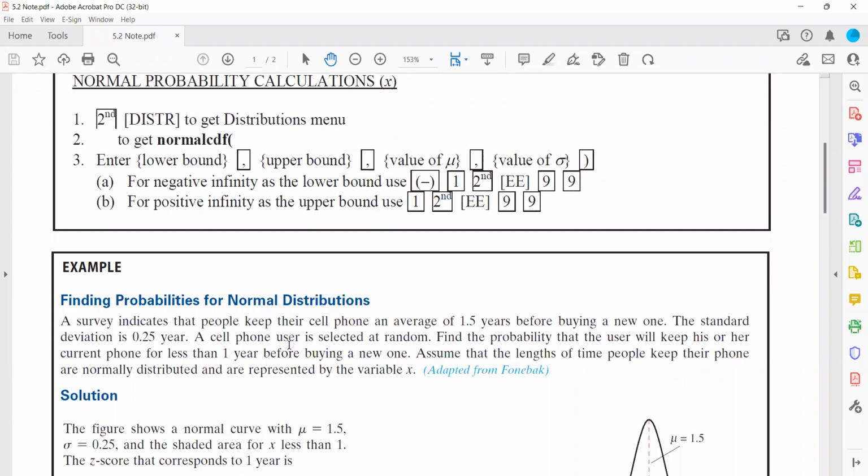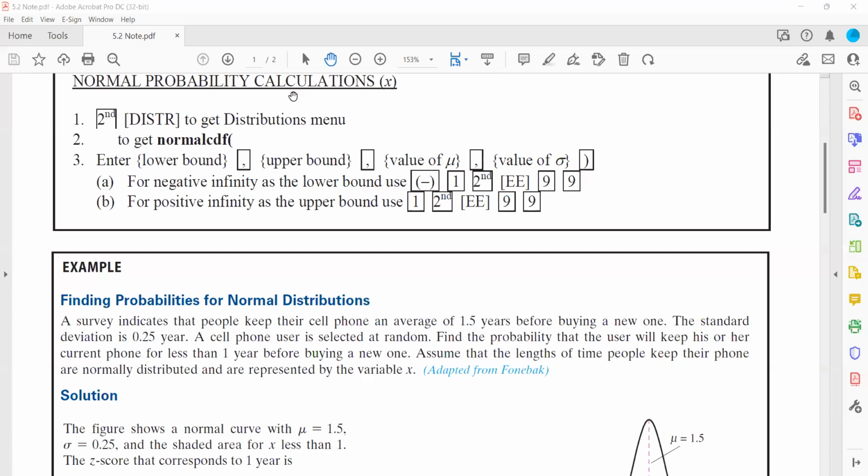A cell phone user is selected at random. Find the probability that the user will keep his or her cell phone for less than 1 year before buying a new one. Assume that the length of time people keep their phone is normally distributed, and it is represented by variable x.